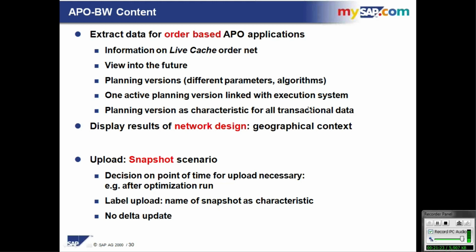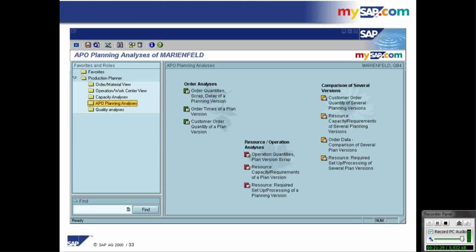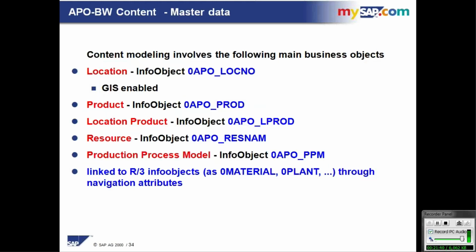And again the total data is stored in the live cache only. And this is the APO planning analysis, like a backend for the reporting. Actually, in the APO, total data is stored in the live cache.